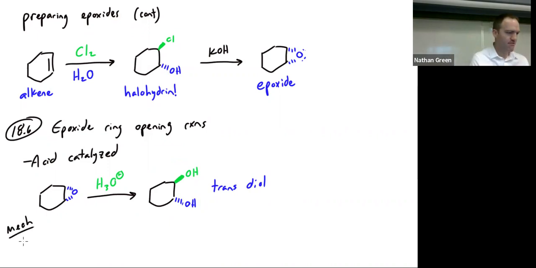What's the first step of every acidic mechanism? Protonate something. Is there anything you can protonate in this molecule? Oxygen's got lone pairs, so let's give it one of these lone pairs. I'm going to drop the colors because it just gets to be problematic.